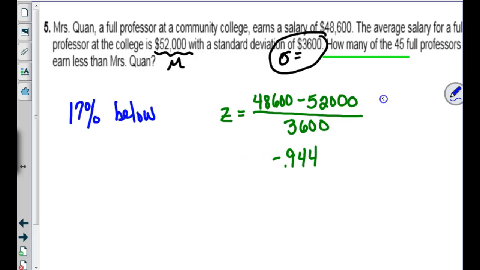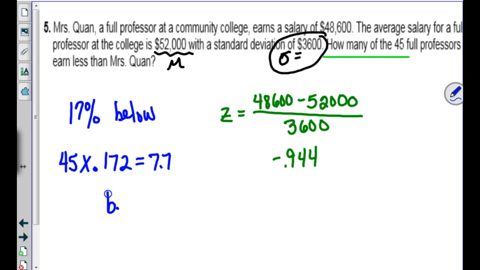So she wants to know how many actual people that is. Well, of the 45 people that work here, if we multiplied, it was actually 0.172. If we were being a little more accurate, times 45 is what? Okay, 7.7.